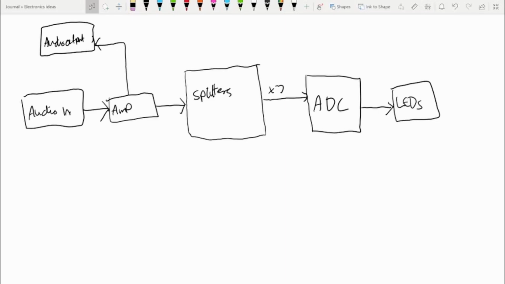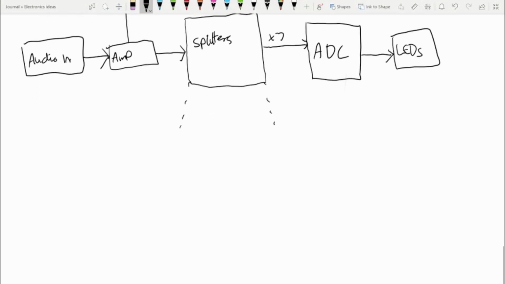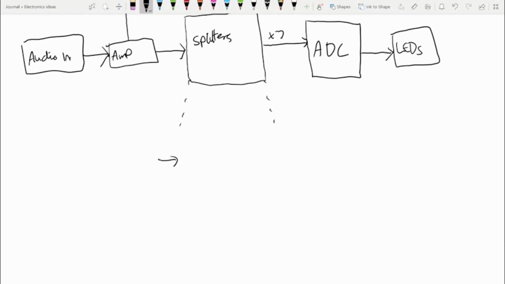So this splitter is actually kind of 3 components. We're coming in and we've got what's known as a voltage follower. That's terrible writing. But what that does is stops current flowing through it but keeps the voltage the same.